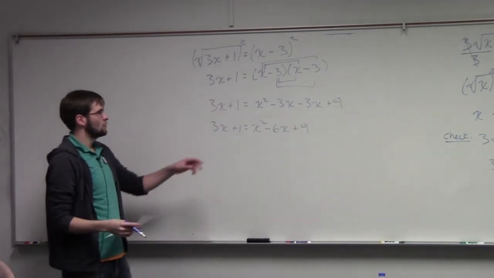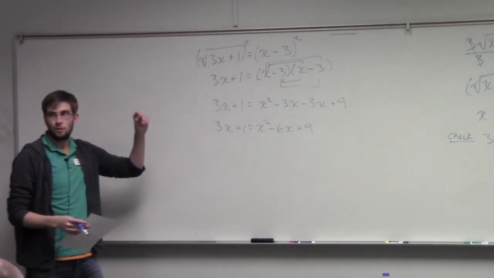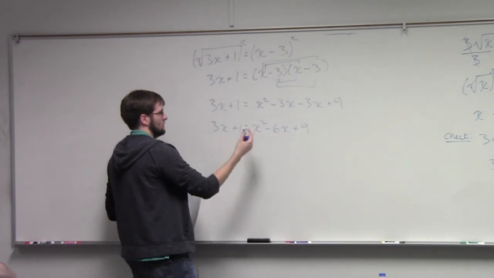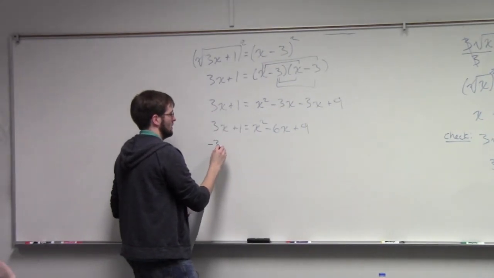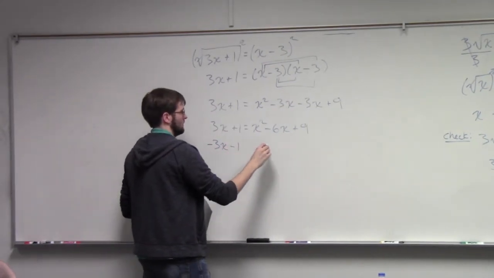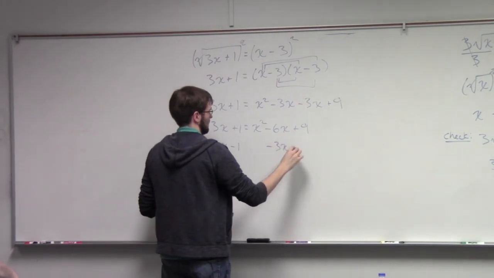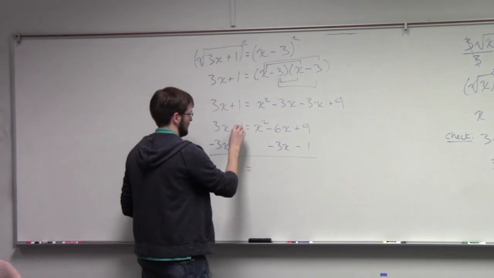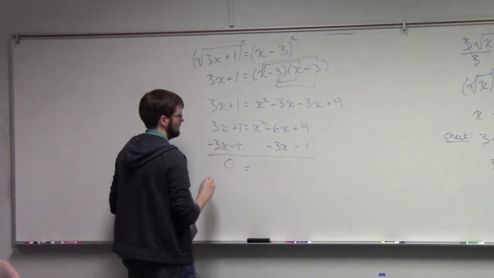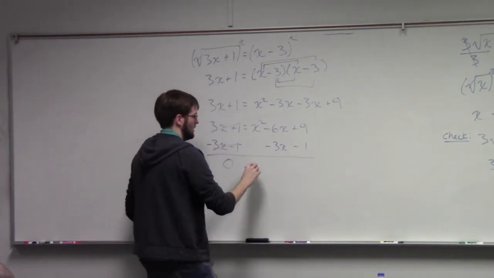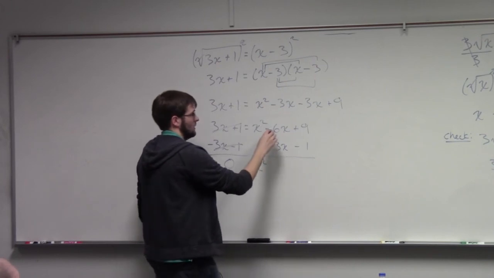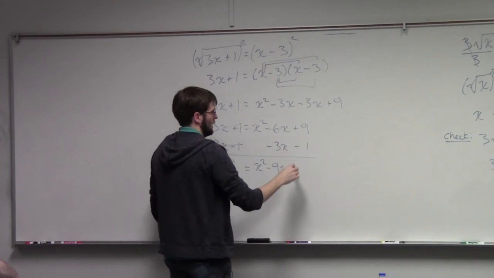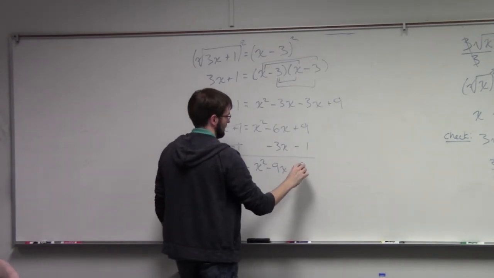And since I have an x squared term, this means I need to factor. So I need to set this thing equal to 0. So I want to move these two guys to the right side. So these two guys are gone. I have 0 on this side. We can bring him down. Negative 6 minus 3 is negative 9. And 9 minus 1 is 8.